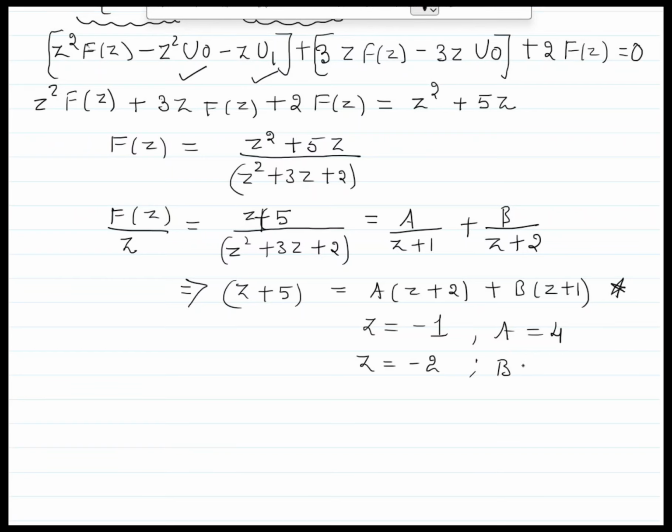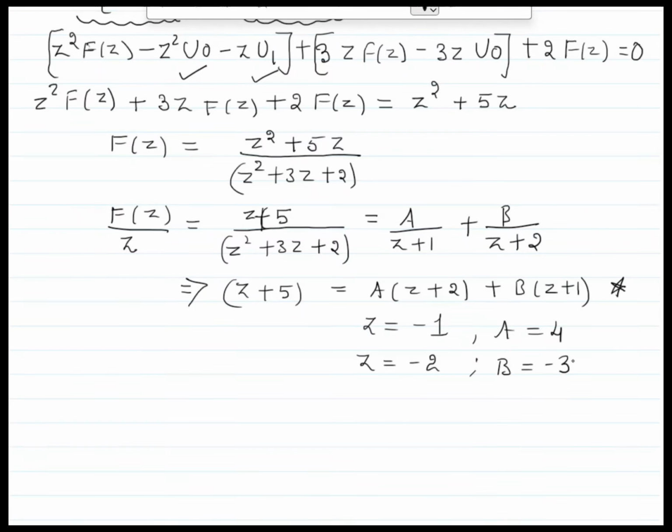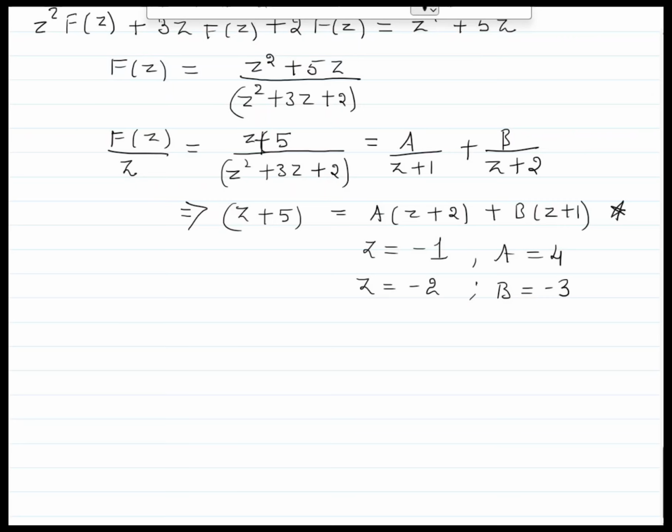After solving, finally, what do we have? We have the equation which I am writing here. You can see F(z) upon z, which is equivalent to this.